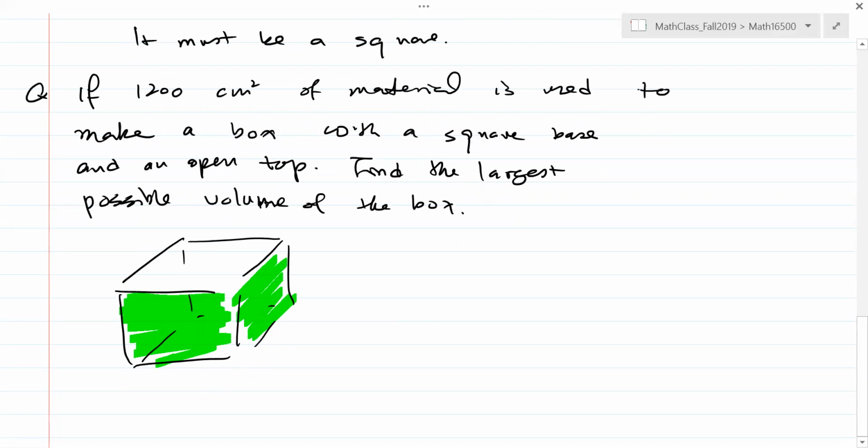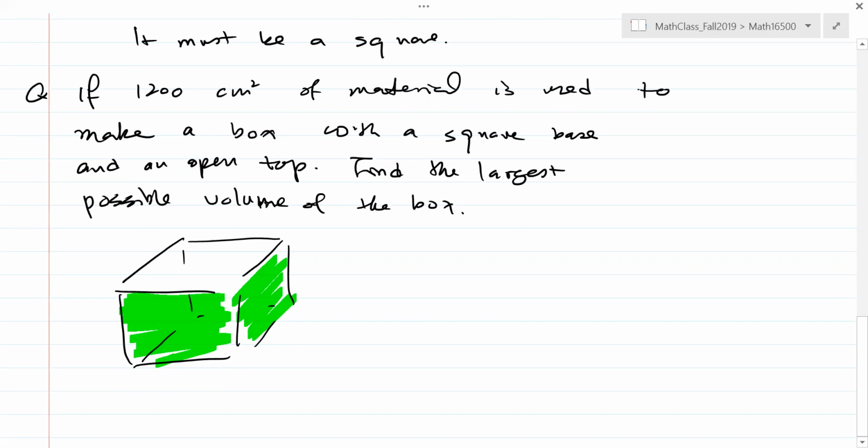And that is fixed: for each box, we can use 1,200 square centimeters of material. Then the box must be square type, so we want to find the dimensions such that it holds the maximum volume. That's clear, right?